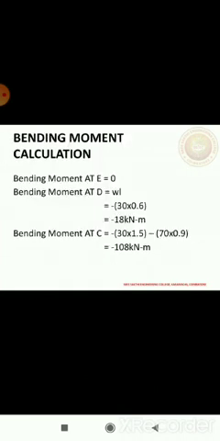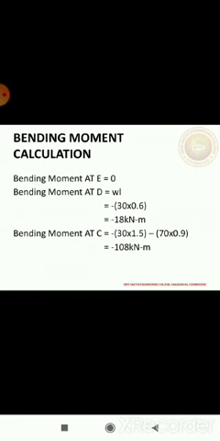Next we have to calculate the bending moment. The bending moment at E is 0 because there is no moment at E. For the bending moment at D, we know the formula for a cantilever beam with a point load: load into length, W into length.